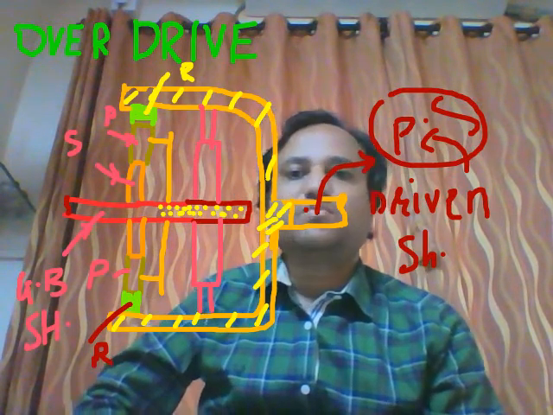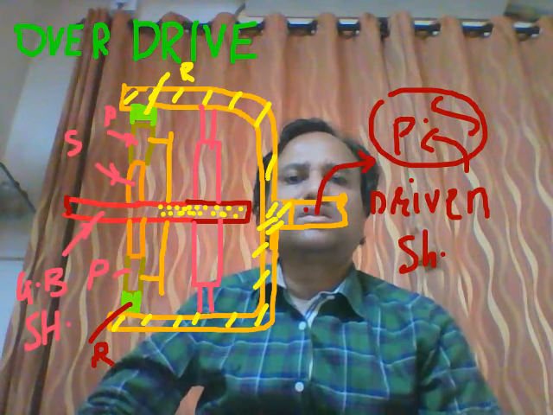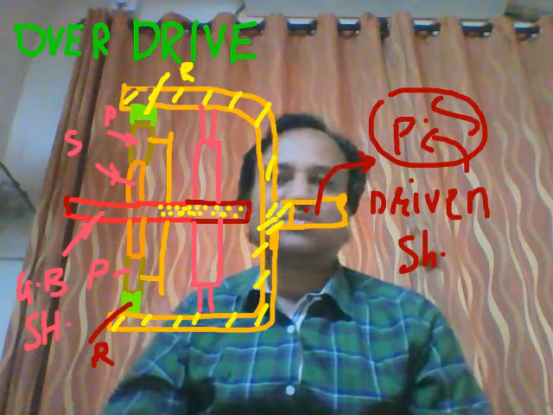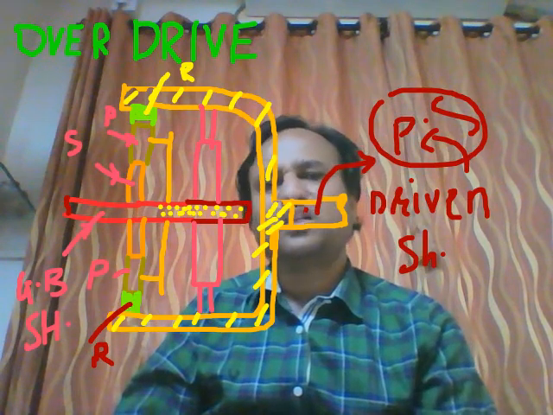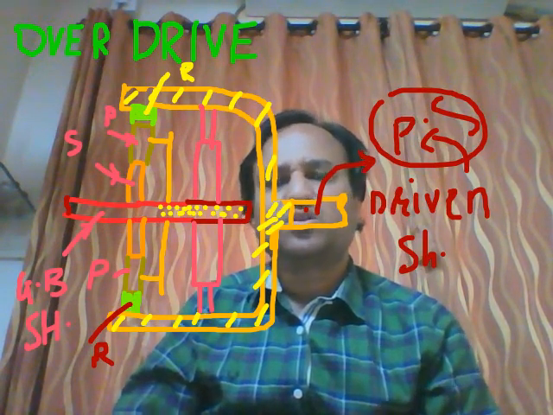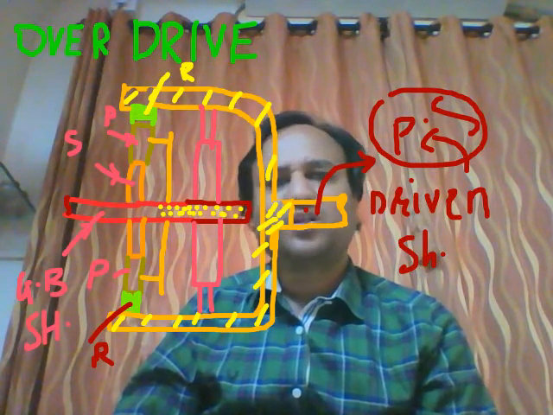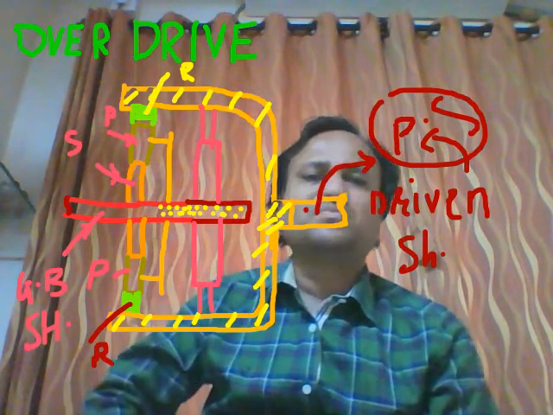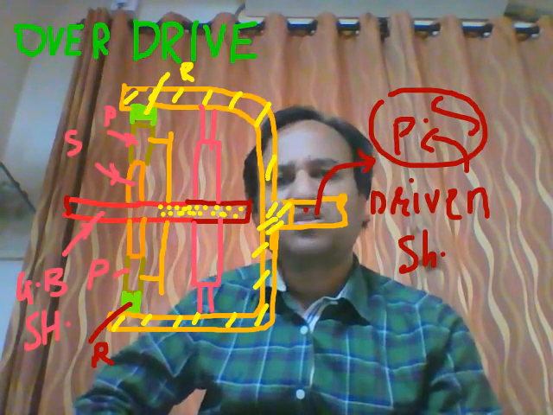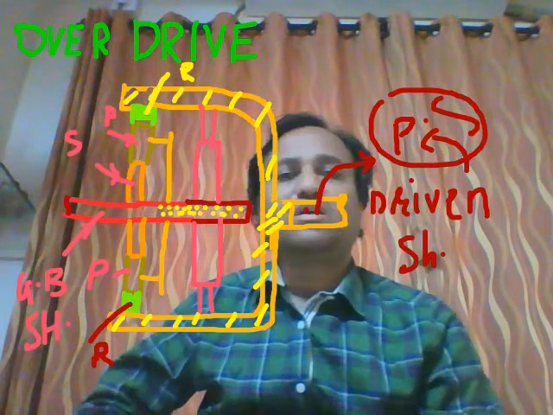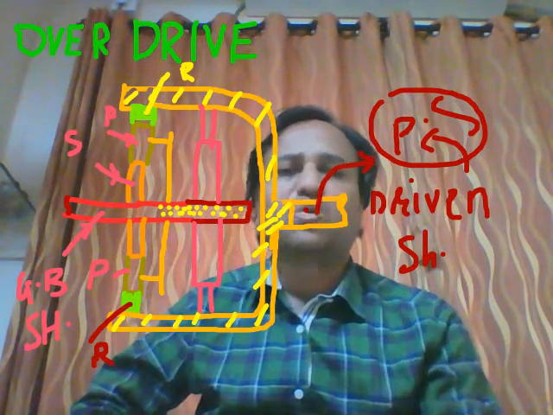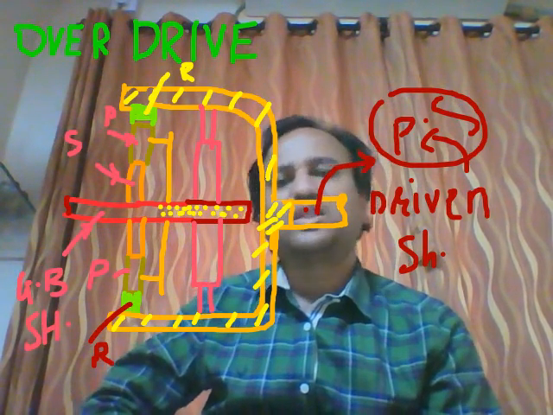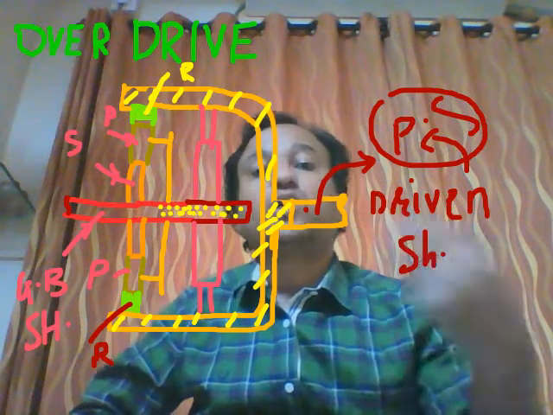So students, this overdrive is generally connected to the top gear of a gearbox. So suppose a 4-speed reduction gearbox, so total speed reduction 4. So generally it is better to employ overdrive to 4th gear, that is top gear. Sometimes in certain vehicles it is installed to top gear as well as low gear, but it has more advantage if it is installed across top gear.